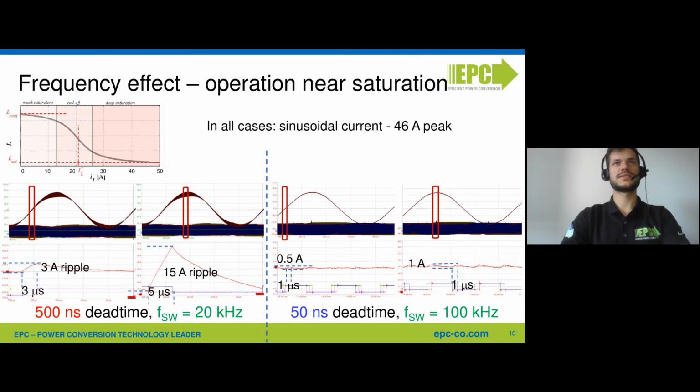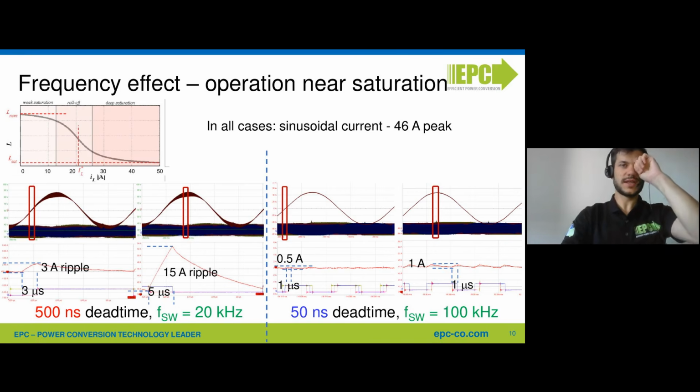In both cases, there is a 46 amp peak current, but in the case of the larger ripple, having the same peak current, the RMS value is a little lower.